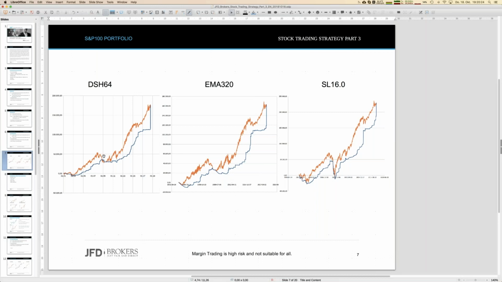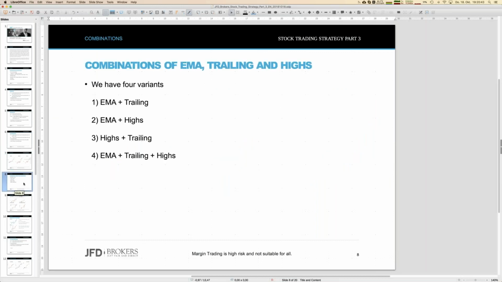And that was the point to say, maybe we can do a little bit better. But overall, except for those 2-3 years here in the middle, it's already very good and attractive strategies. So what we tried next step has been to combine strategies, EMA trailing, EMA highs, and so on.